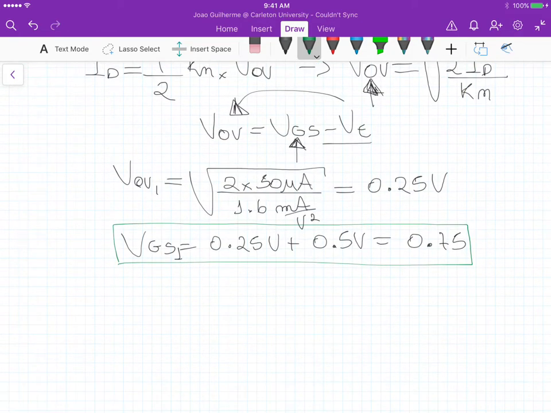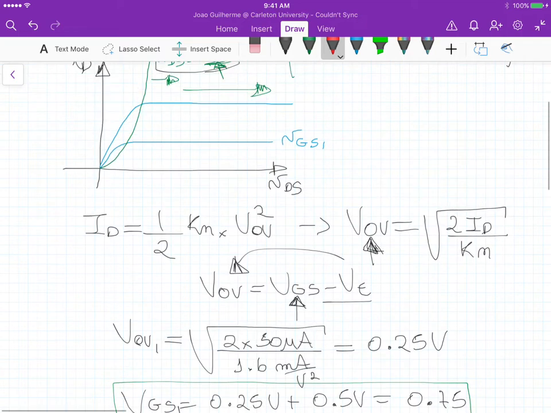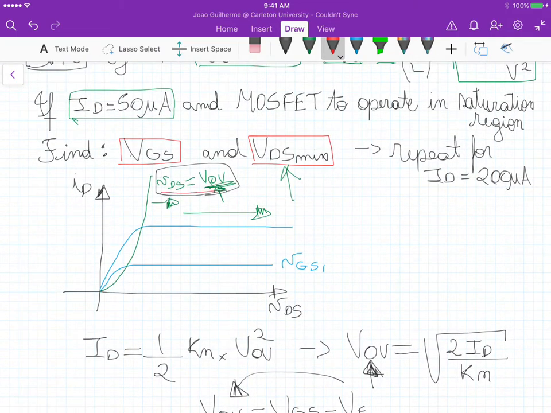So this one here is our first result, right? And we also can calculate VDS min. Remember, to start operating in the saturation region, we must satisfy this condition here, which corresponds to this green line.